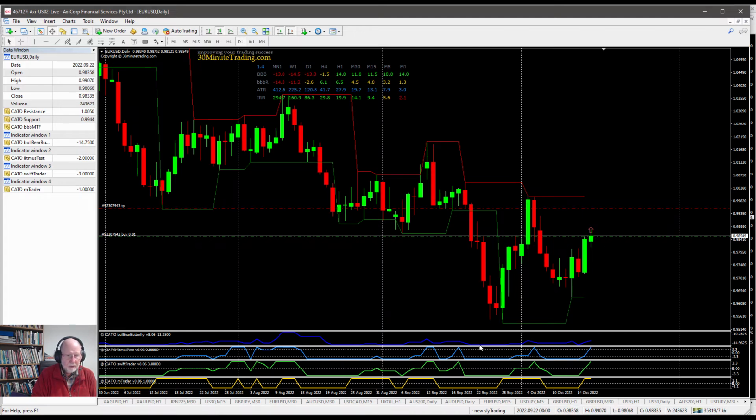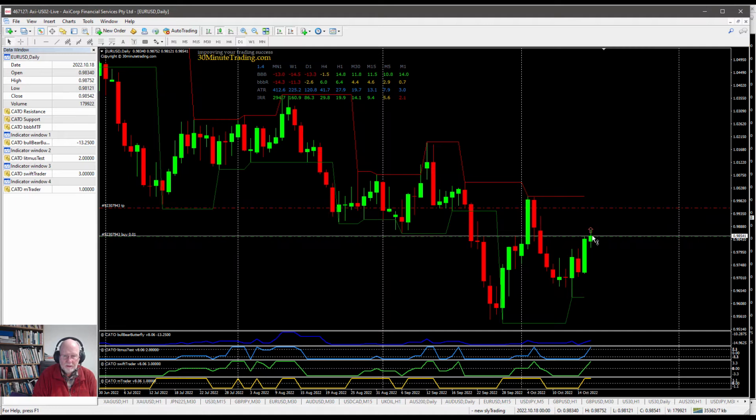Down the bottom, we have the bull bear butterfly, which is identifying the trend. And you can see in the data window, which I've got over here, which you click on this to switch it on and off. That's the crosshairs. Look at the data window down here to see what the values are, okay?